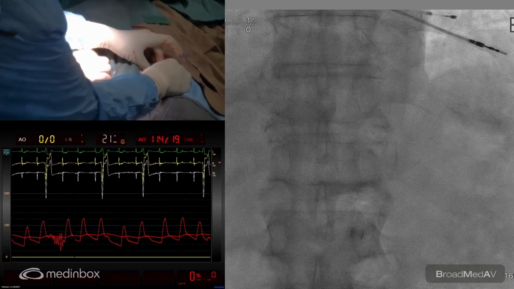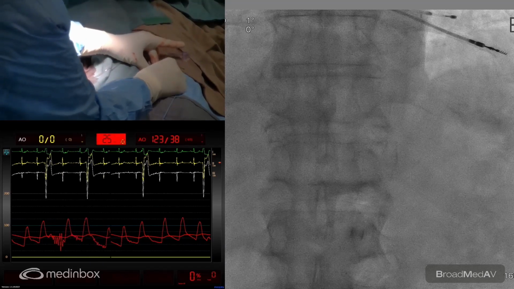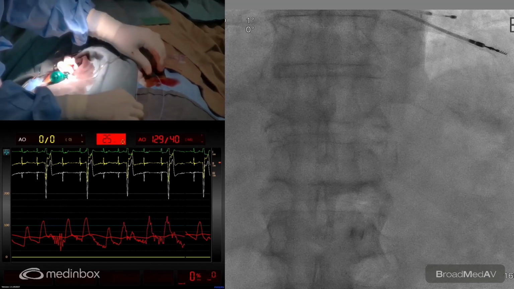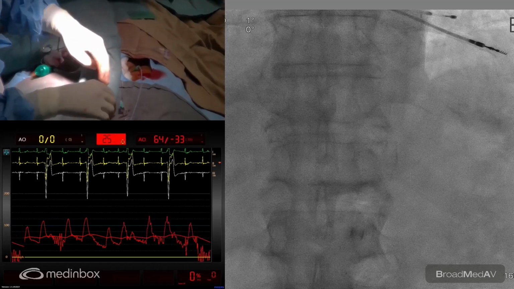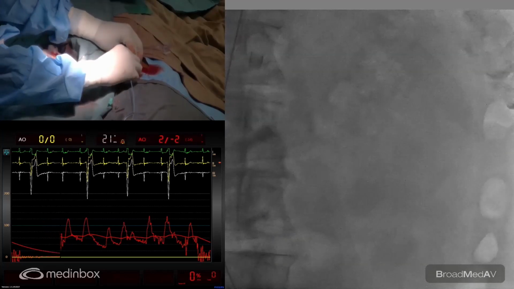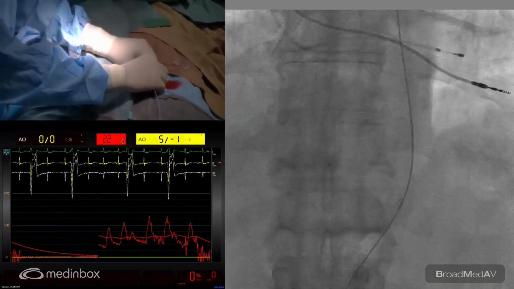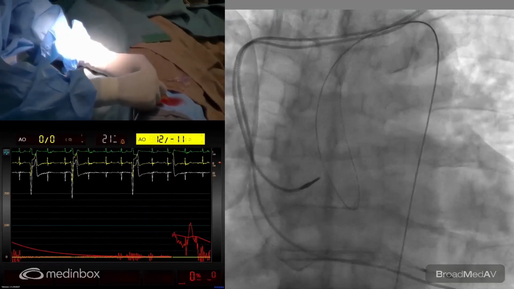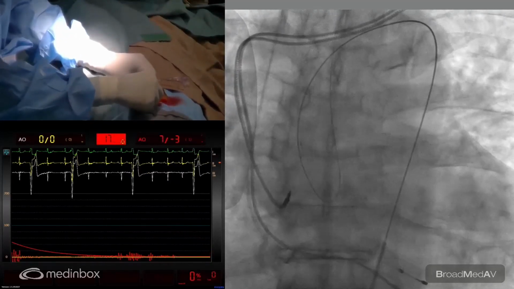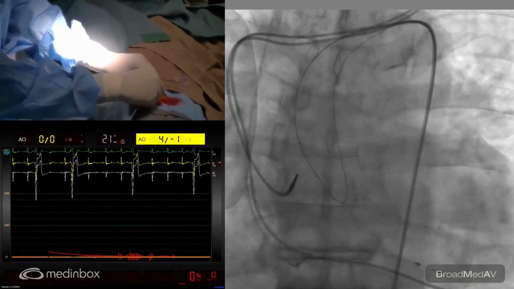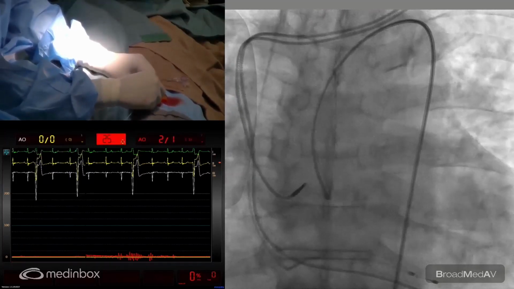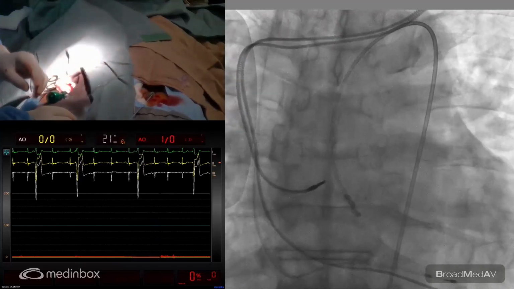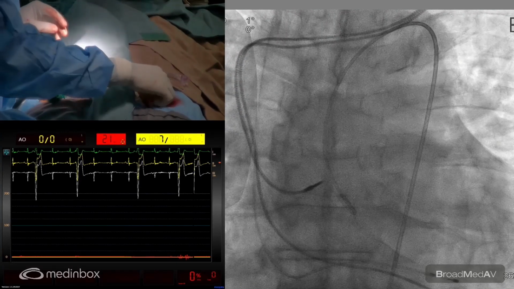Now Ashish is going to get the pigtail in over a floppy wire, and you can see the calcium in the aortic root, and you can see the valvular calcium, and there's also a MAC, mitral annular calcium. So we can see all that very, very clearly.